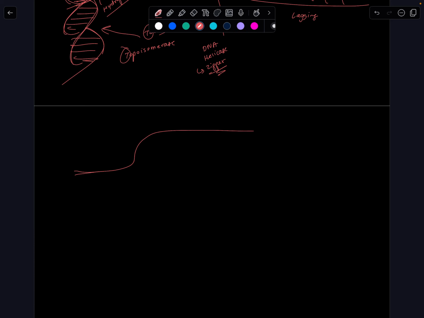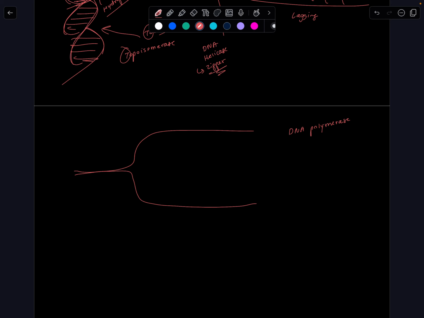As the DNA has unzipped, we're going to have this enzyme called DNA polymerase, which is going to start adding the base pairs. But in order to add those base pairs, we need to understand the directionality of the DNA.